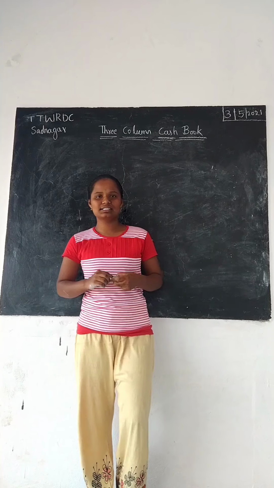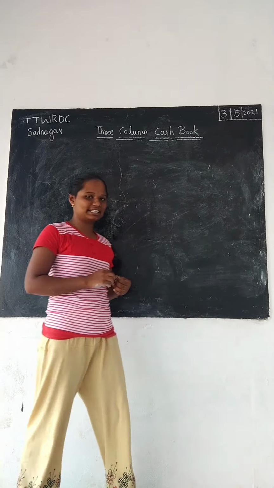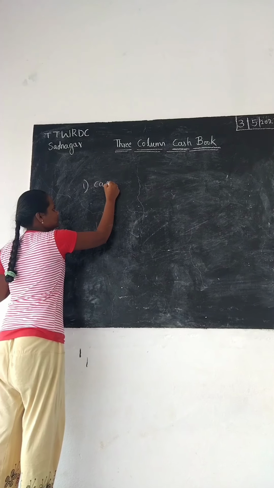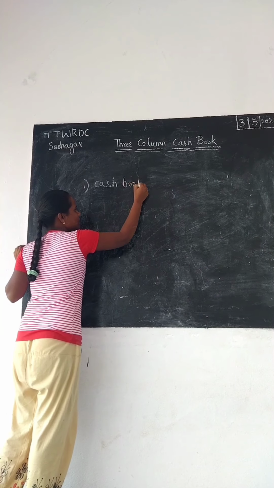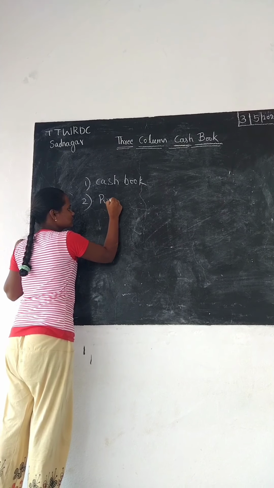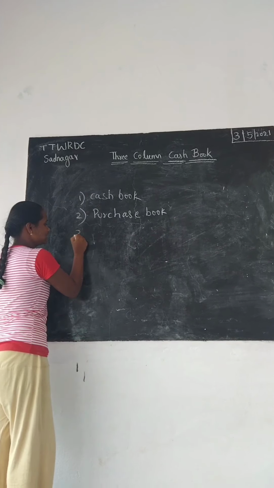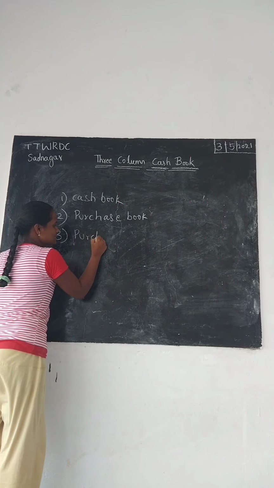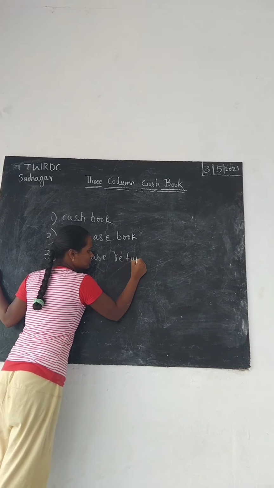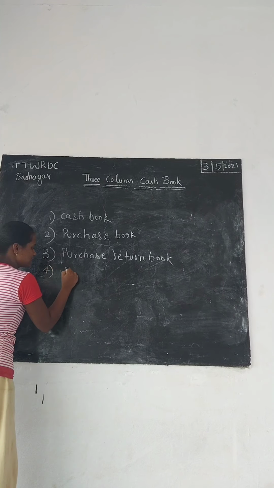Before we discuss our topic, I have to ask a question. How many types of subsidiary books are there? Eight types. Very good. There are eight types of subsidiary books. The first one is cash book. Second one is purchase book. Third one is purchase return book. Fourth one is sales book.